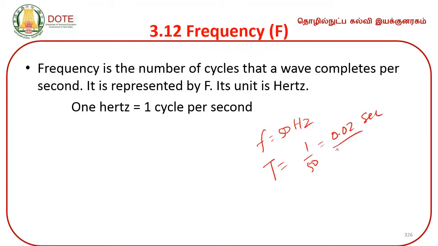It means that the sine wave takes 0.02 second to complete one full cycle. If you capture the alternating waveform in the CRO, that is cathode ray oscilloscope, you can find 50 such waves in a single second, that is, in 1 second you can find 50 cycles. So, that is the meaning of frequency.